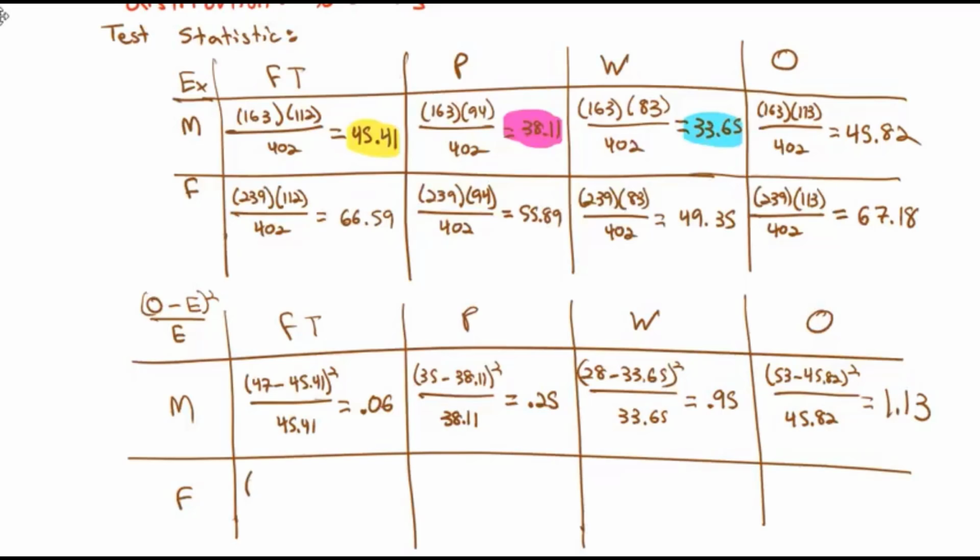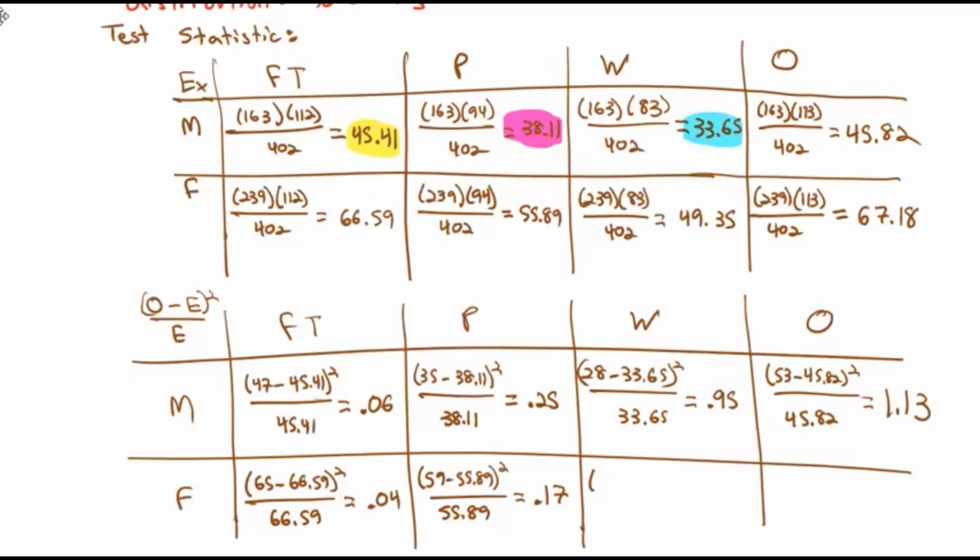Doing the female row, the observed French toast was 65 minus the expected 66.59 squared divided by the expected 66.59 equals 0.04. With the pancakes, the observed value of 59 minus 55.89 squared divided by the 55.89, that equals 0.17.